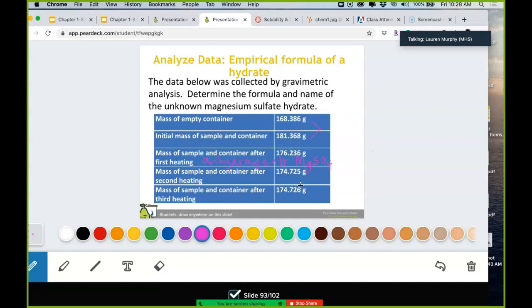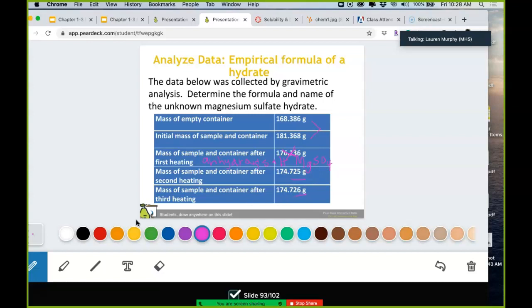All right, so I can figure out how much anhydrous magnesium sulfate is in the container because I can take either this experiment or this one. You would not use this one. They were not finished heating at this point. It doesn't matter which one of these you use. I would use the smallest one, okay? And if you take this and subtract the container for it, you'll end up with just the dry salt.